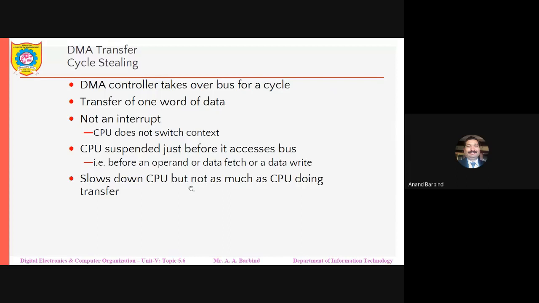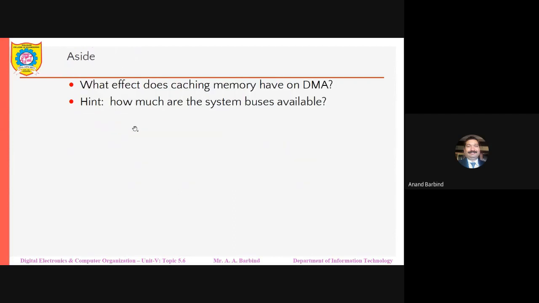This is called cycle stealing. That means for one cycle the DMA controller uses the data bus, whereas for the next cycle the CPU uses the system bus. Because of this, data transfer happens and the CPU also executes instructions. So this type of transfer is called cycle stealing.